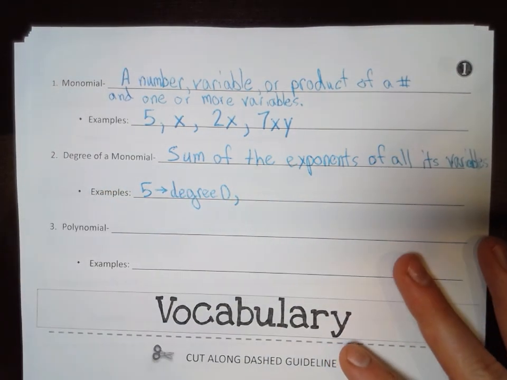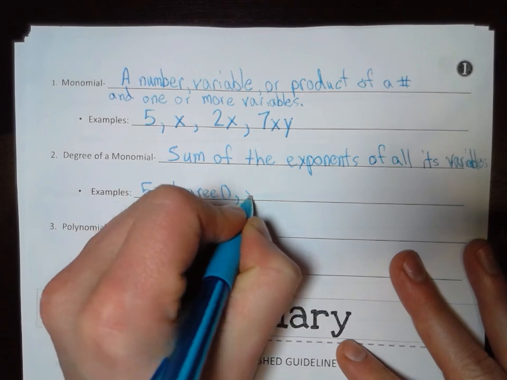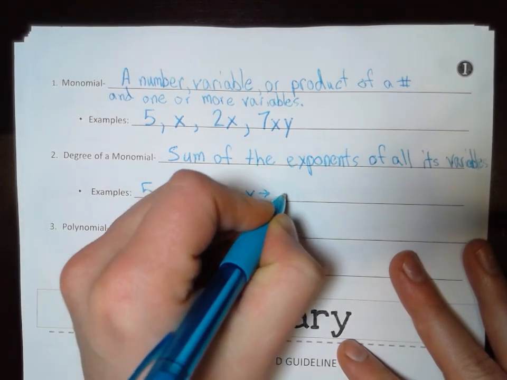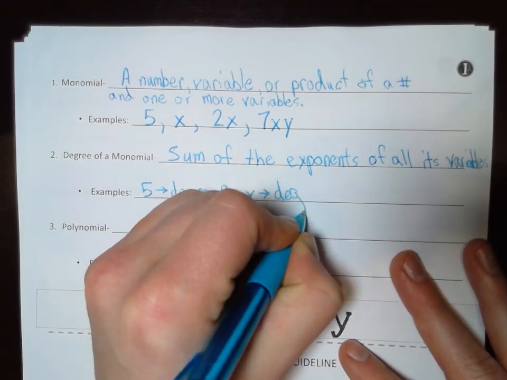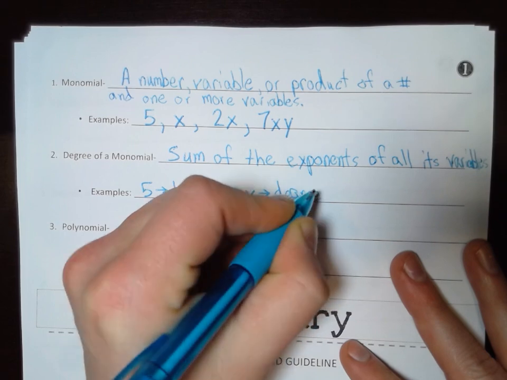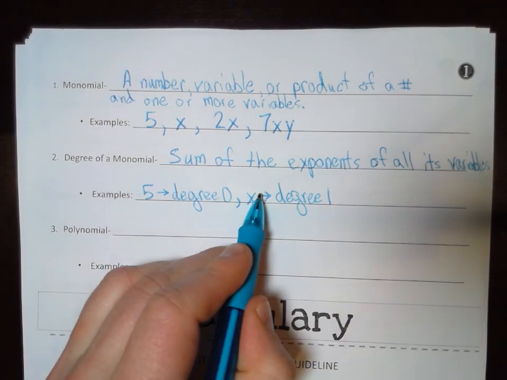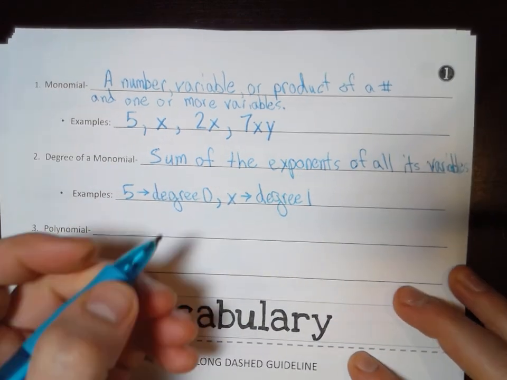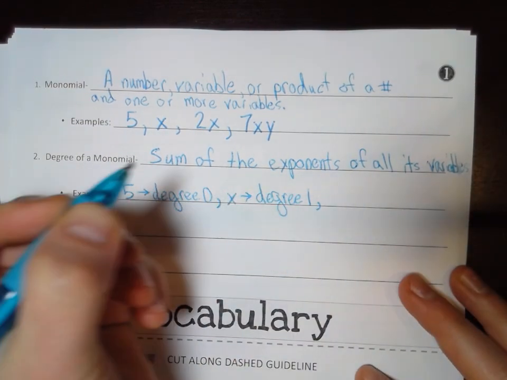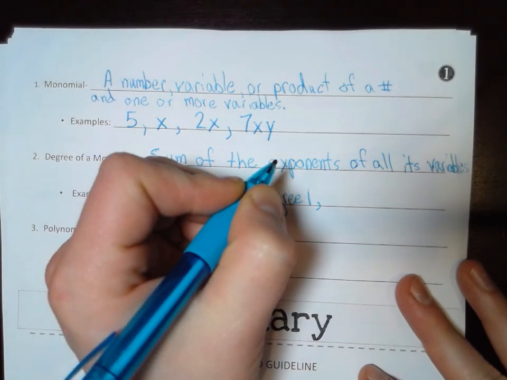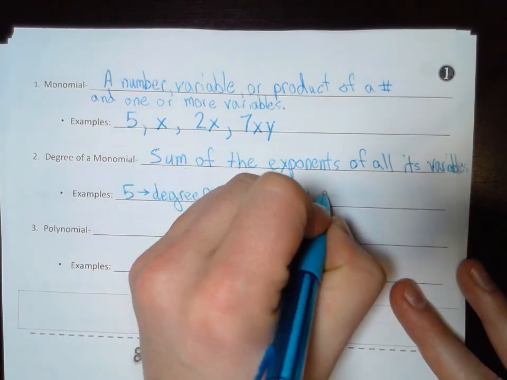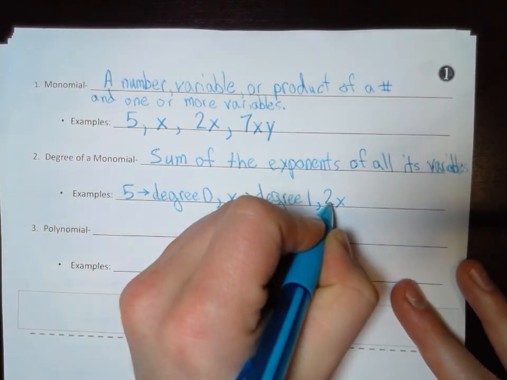Next example. X has a degree of 1. Notice there is an exponent of 1 right here. Another example of a degree of 1 is 2x. It doesn't matter that there's a number in front of this.